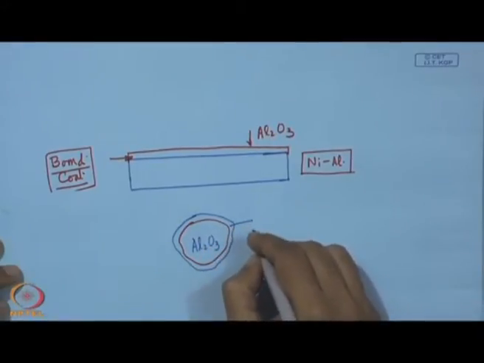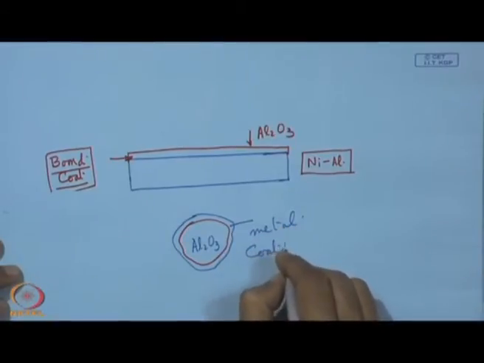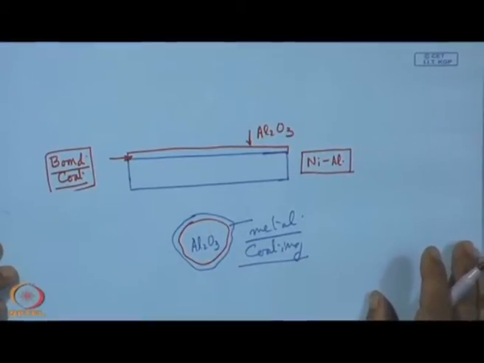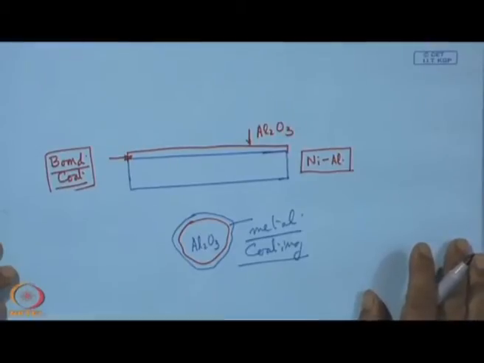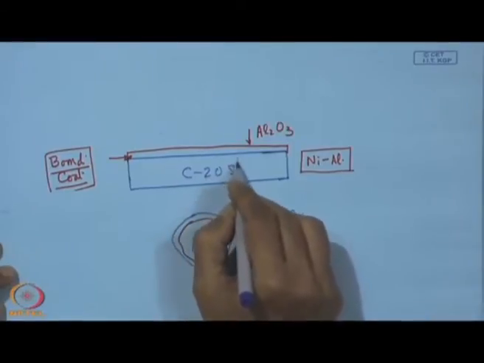So, it is a metal coating on this aluminum oxide particle or zirconium oxide particle. It is only to have better adhesion at the time it arrives over this substrate, which is say a C20 steel.